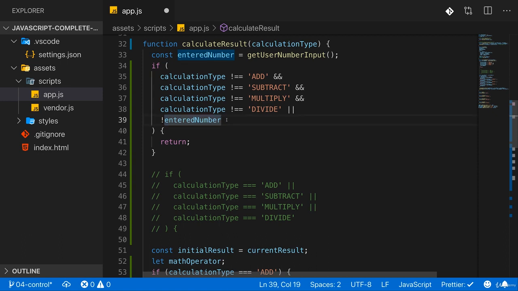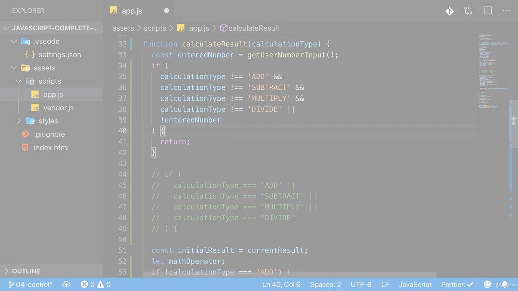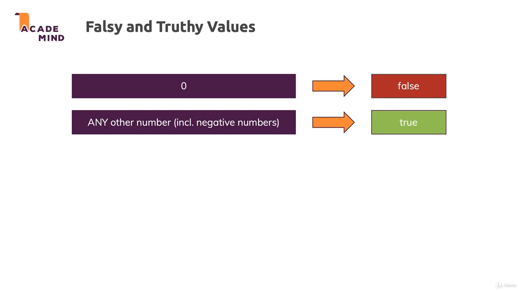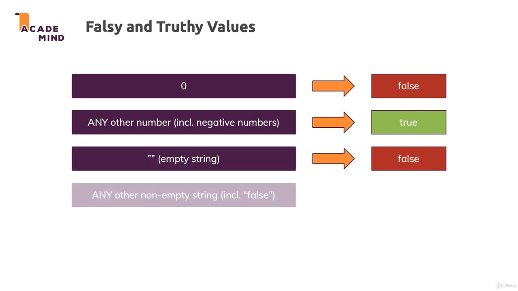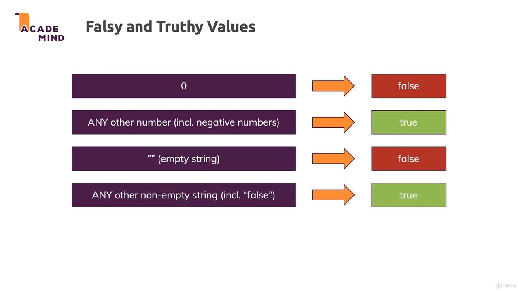You don't always have to make an explicit comparison with the equal or greater than operators. You can also just throw in the variable or the value which you're interested in, and then just take this as a condition itself. And if it doesn't hold true or false, JavaScript tries to convert it to true or false. And there, 0 is treated as false, any other number is treated as true. Now for strings, an empty string is treated as false, any other string is treated as true.